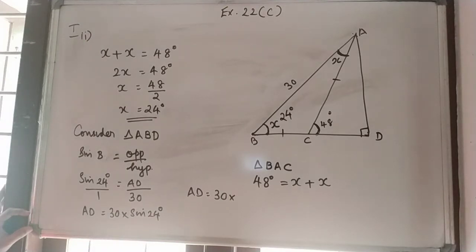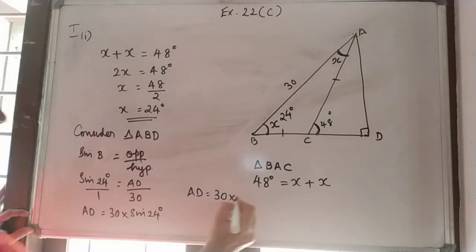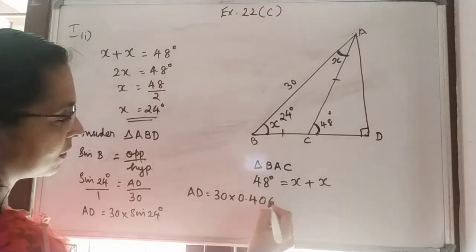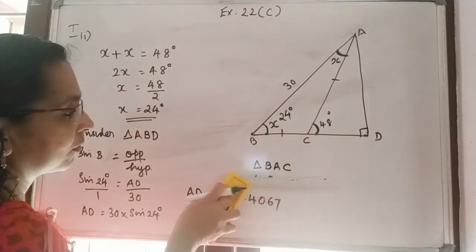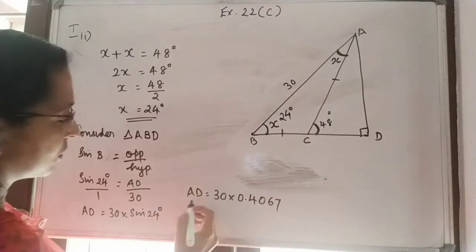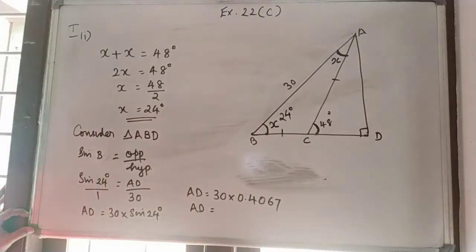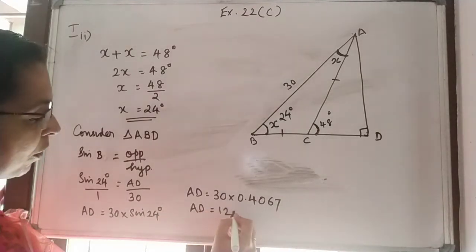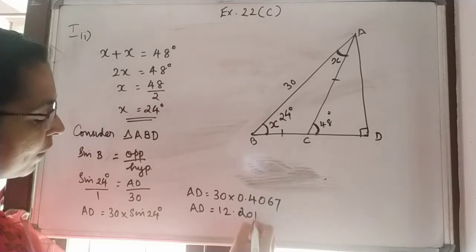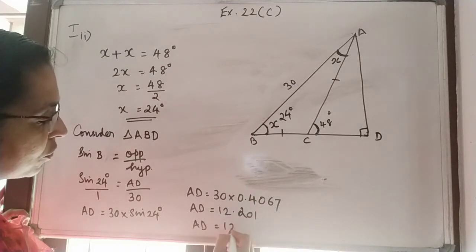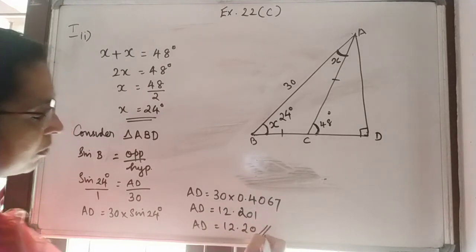Sine 24 from the table we will get as 0.4067. So AD will be 12.201. So we can write AD is equal to 12.20 meters.